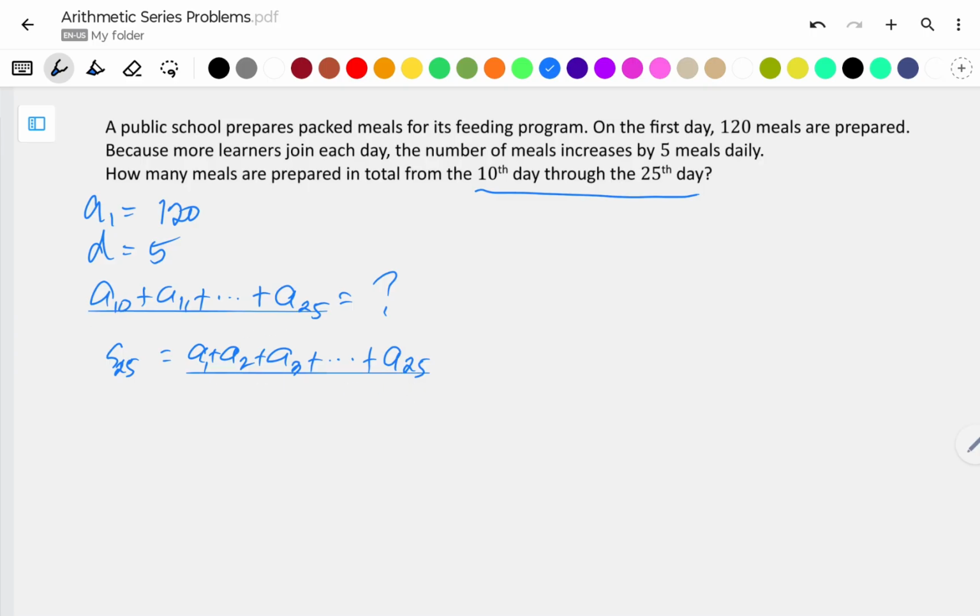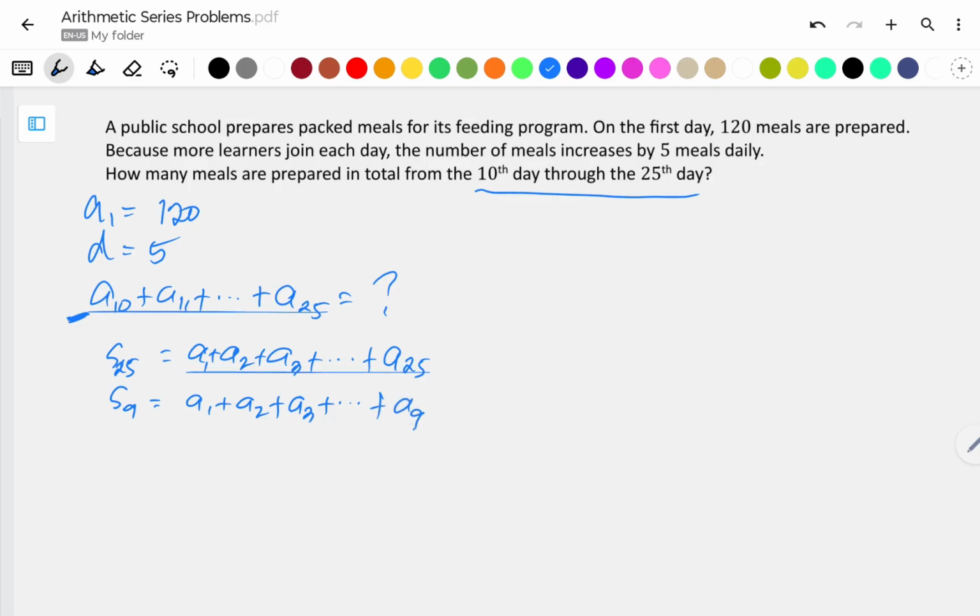Notice that in the first one, we don't have a sub 1, a sub 2, a sub 3, up to a sub 9. So we remove the sum of a sub 1 up to a sub 9, which is actually S sub 9: a sub 1 plus a sub 2 plus a sub 3, only up to a sub 9.